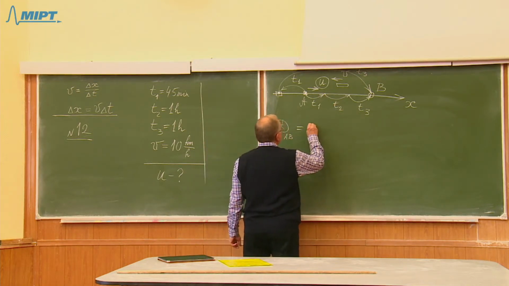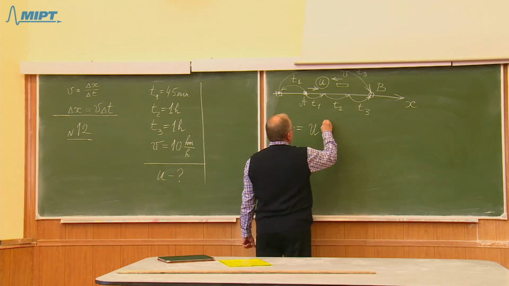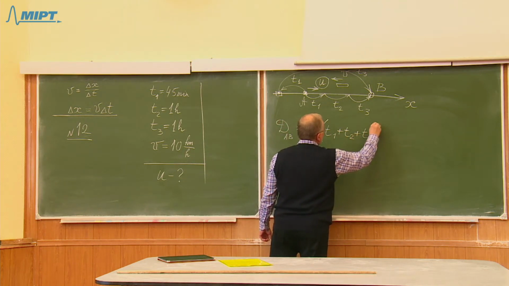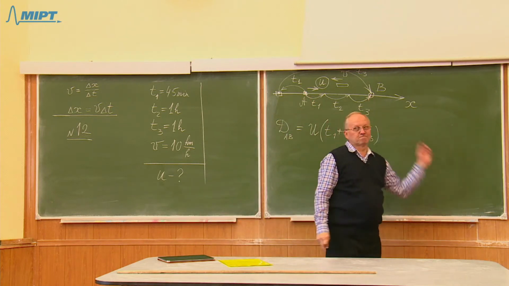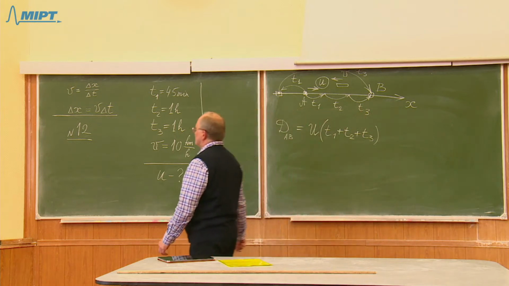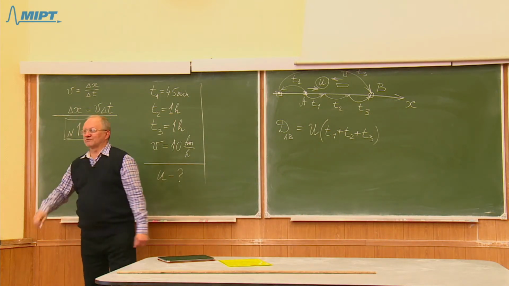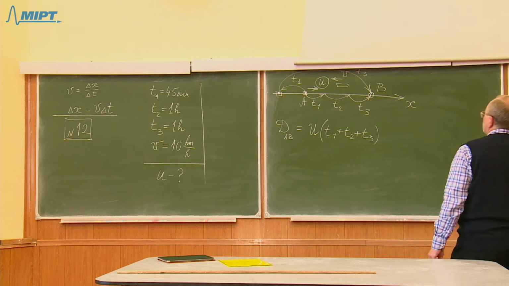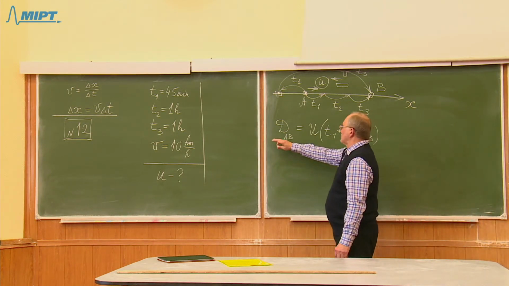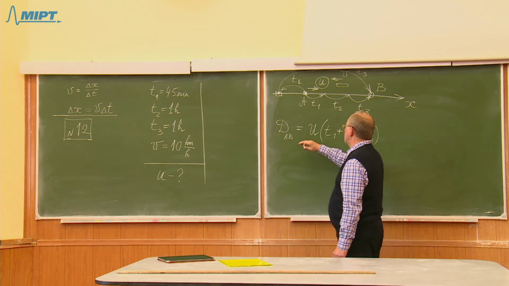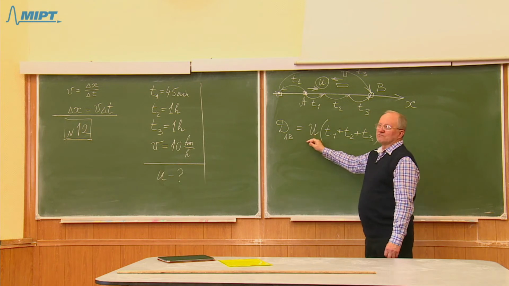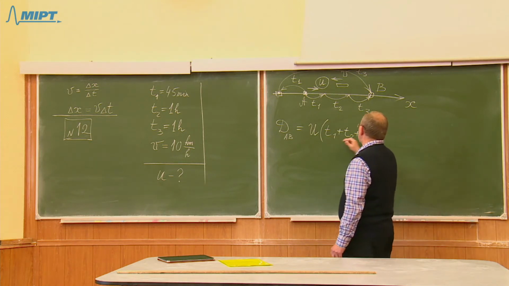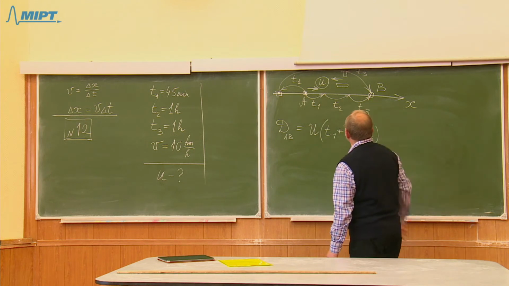So the distance can be calculated as the speed multiplied by the total time that was necessary for the raft to go from point A to point B. So the distance traveled by the raft is given by this simple formula: the speed of the raft, which coincides with the speed of the river flow, multiplied by the total time interval, which was necessary to go from point A to point B.